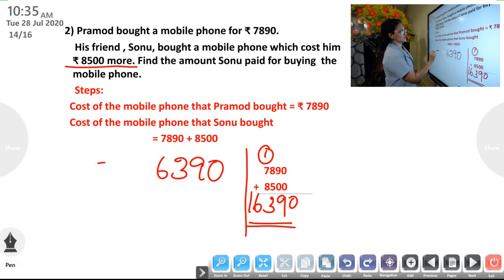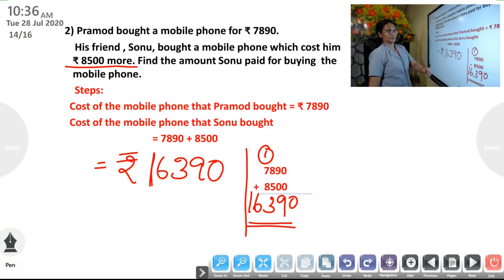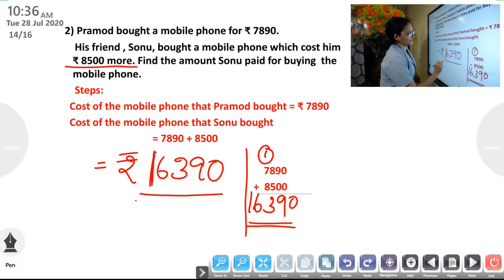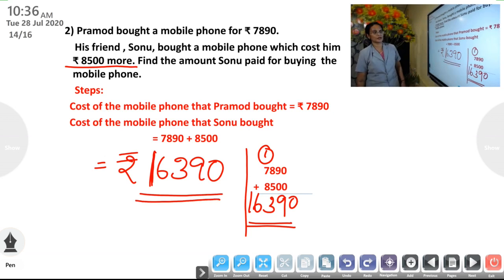Now what is it? It is the cost. And for cost, what you have to write? You have to give the rupee symbol. So it is 16,390 rupees.